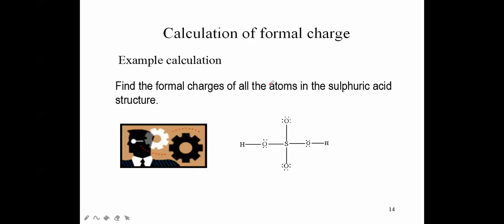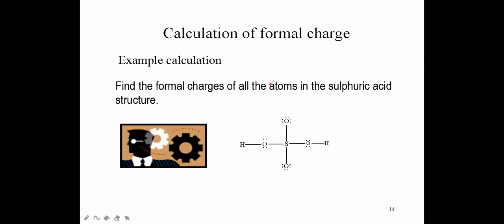The structure for sulfuric acid is the one we are seeing there. We have 1 sulfur, 4 oxygen atoms, and 2 hydrogen atoms. In drawing the Lewis structure for sulfuric acid, the least electronegative atom is sulfur. That's why it is at the center.